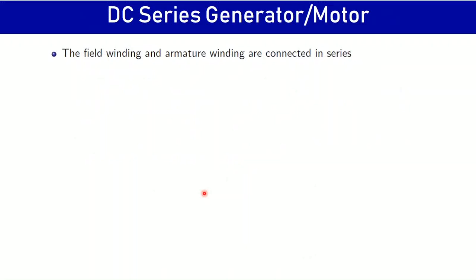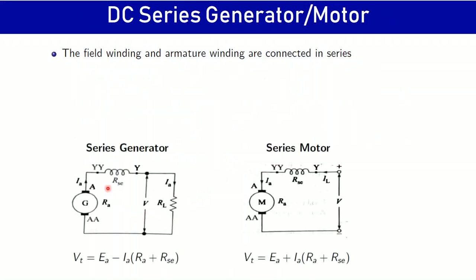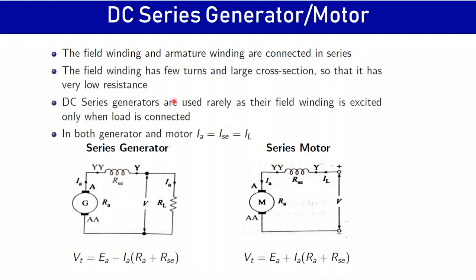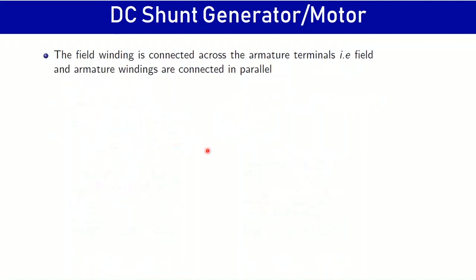As far as the series generator is concerned, we see that the armature winding and the field winding are in series, both in the case of generator and a motor. Now, since the winding is in series, the number of turns is few and the cross section is more, and hence this series winding has very low resistance. So both in the case of motor and generator, because they are in series, the armature current will be equal to the field current.